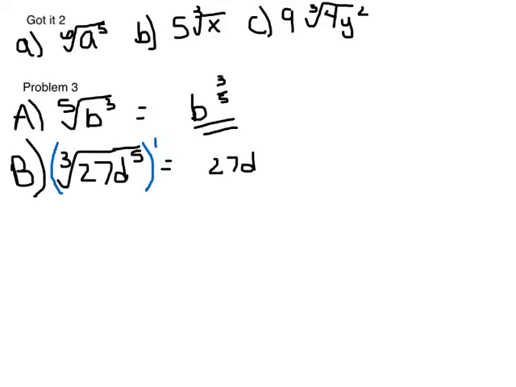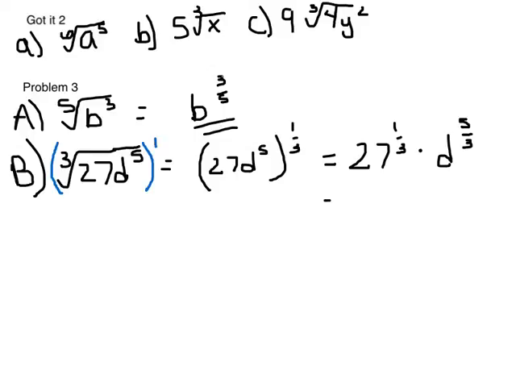27d to the 5th, which is our radicand, to the 1/3 power. And we learned in a previous lesson this is the same thing as 27 to the 1/3 times d to the 5/3, because we multiply our powers, and 5 times 1/3 is 5/3.